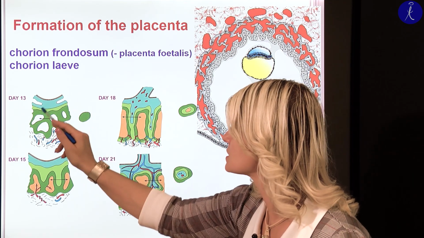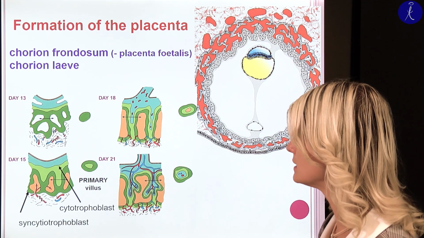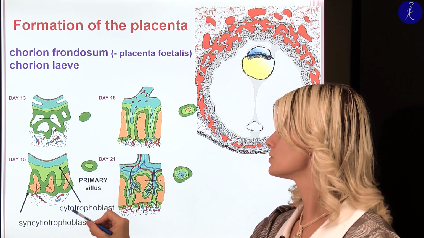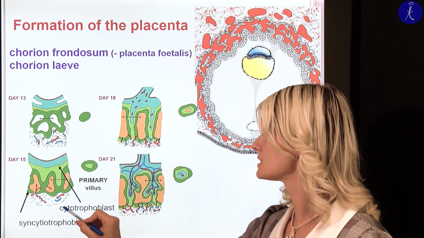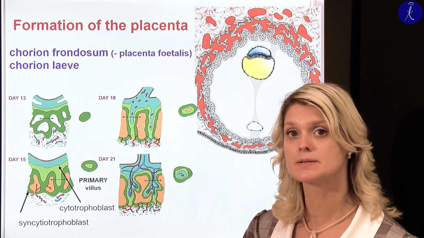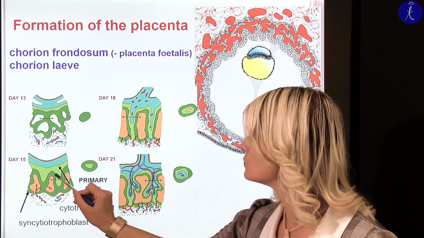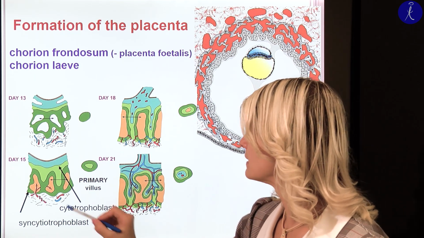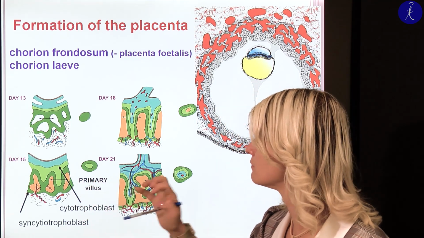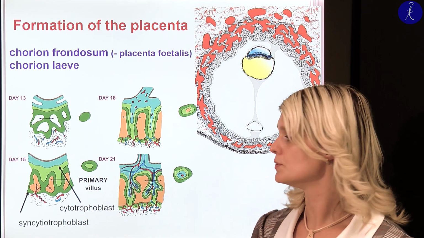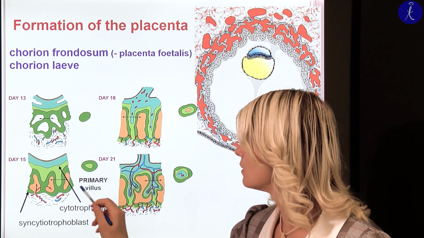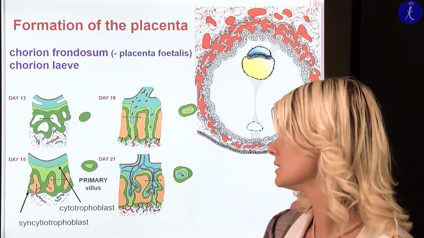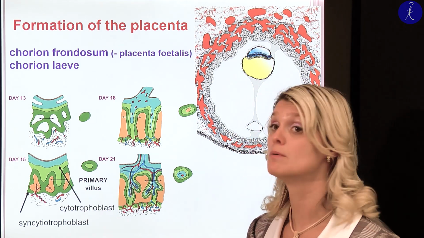This is the first step, when the outermost cells of the blastocyst, which are called trophoblast cells, syncytial trophoblast cells and cytotrophoblast cells, first form only these protrusions, which are called the primary villi. These primary villi will grow into smaller spaces, the sinuses, which will be filled with maternal blood.